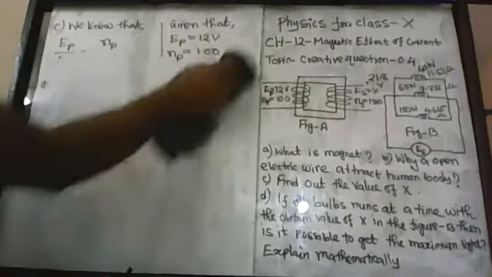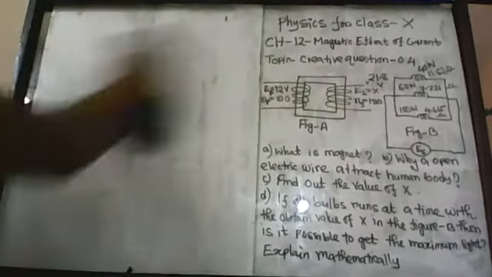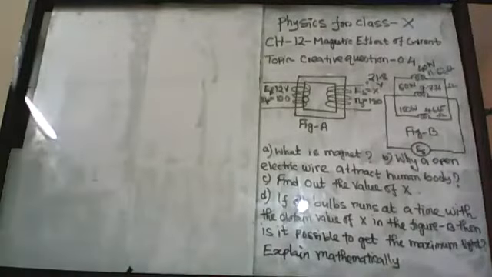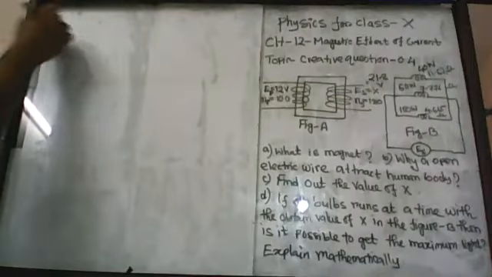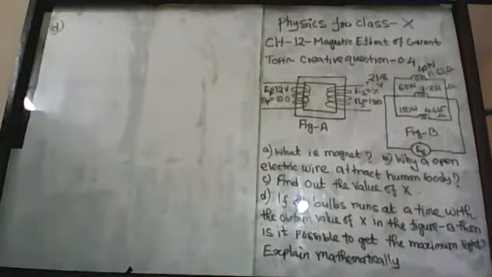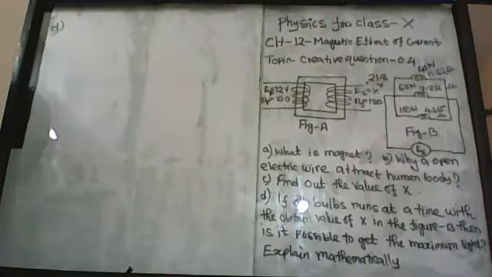Question number D: if all bulbs run at a time with the obtained value of x in figure B, then is it possible to get the maximum light?